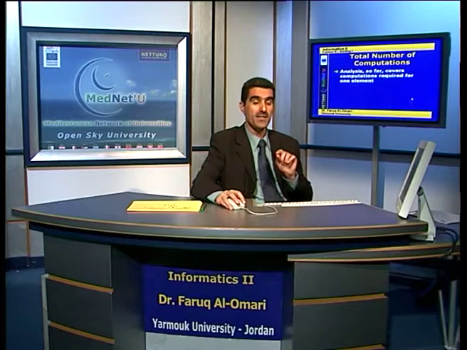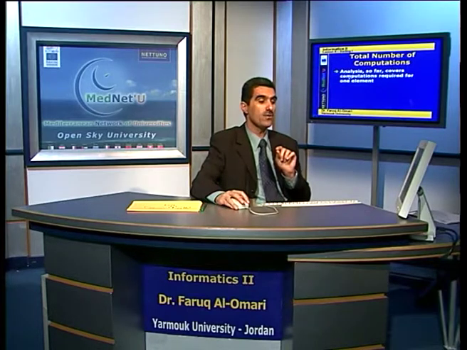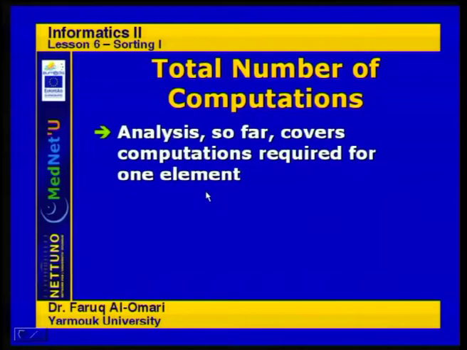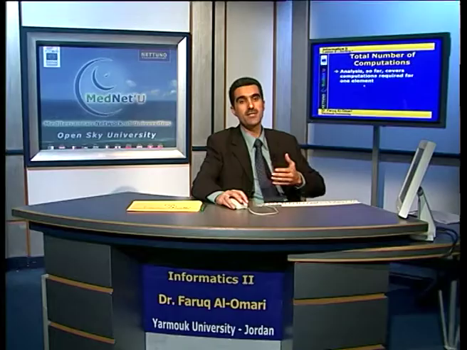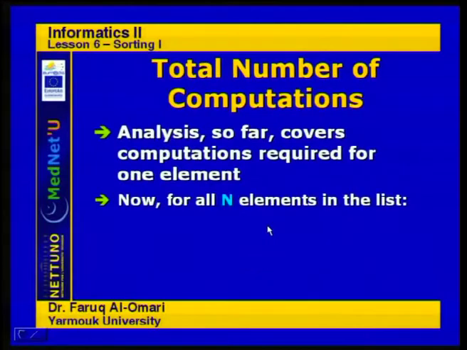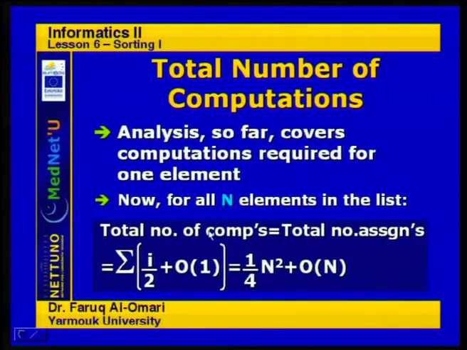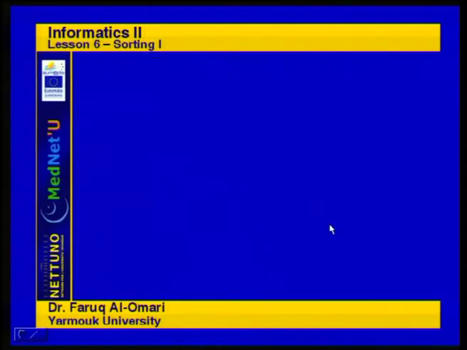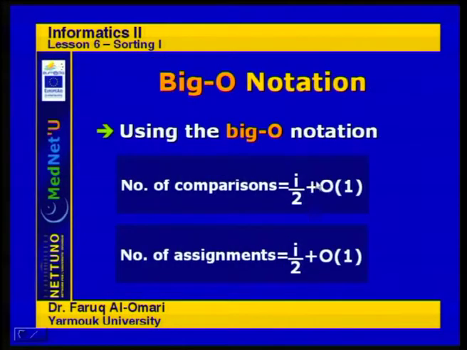Well, so far the analysis covers only one element in the list. Now we want to generalize this to all n entries in the list. If I want to do that, then the total number of comparisons equals the total number of assignments, actually, when I talk about the big O notation, because as we said here, they're the same.